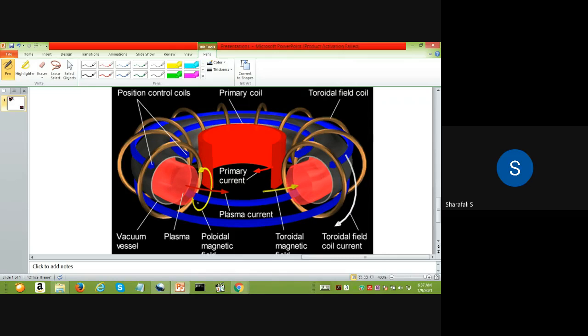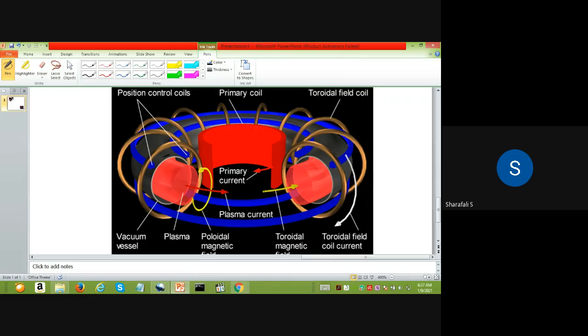Okay, so the electrons will go like this in such a way that they will not interact with these walls. So this is the basic idea of the tokamak structure. There are still more components, but this is the basic idea behind it.